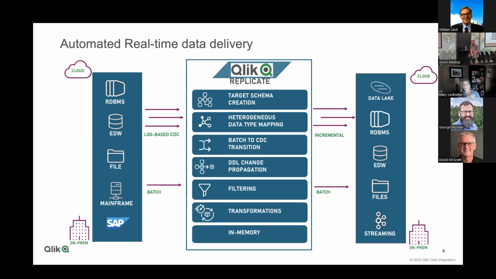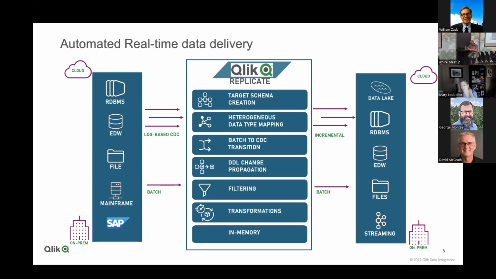To do a task, you say, I want this source, I want this target, and I want these tables. And you may want to do a little bit of transformation or filtering down towards the bottom there in the middle. We're not recommending transformations in terms of ETL, because this is data replication and you don't want to lose your lineage. You also don't want to slow it down.